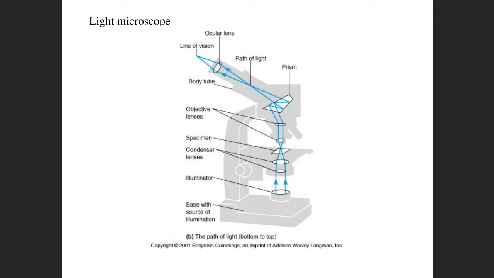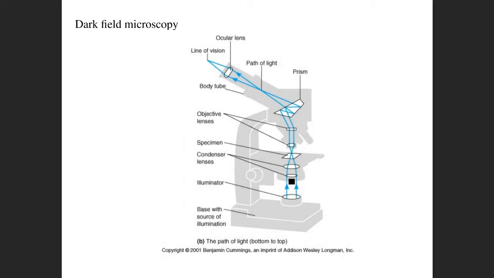So this is a basic light microscope, and it's similar to the ones that you've been using. One of the first things people have done to improve it is called the dark field microscope.